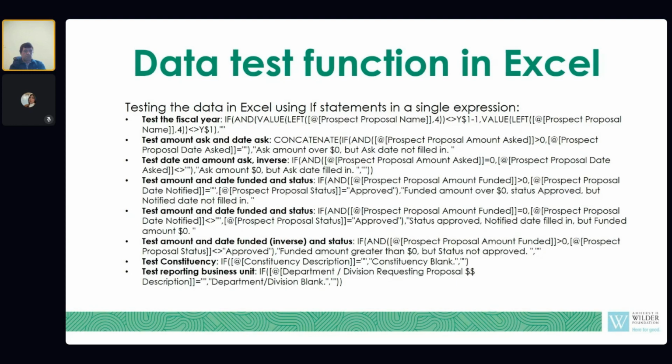So if the ask amount is filled in but the date is not, or the date is filled in and the ask amount is not, those are two different steps that we have to be able to compare that data. So it's within Excel that we're actually applying these tests to try and state in language what is the issue. Why doesn't it match? Well, in this case, it would be an ask amount over $0, but the ask date is not filled in. That's an example.